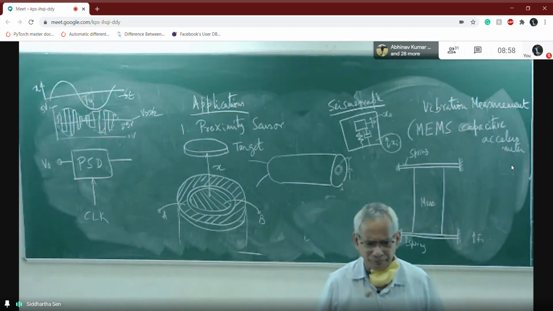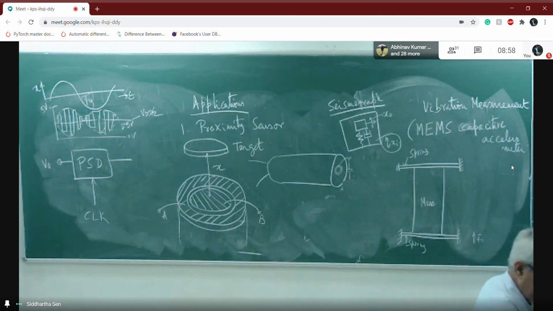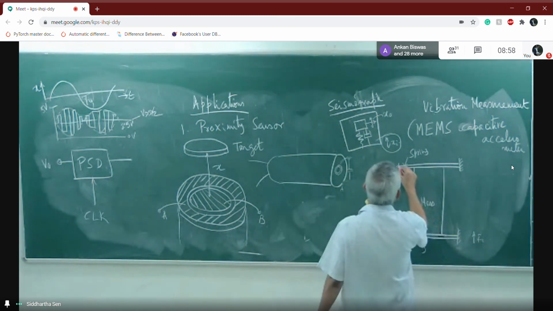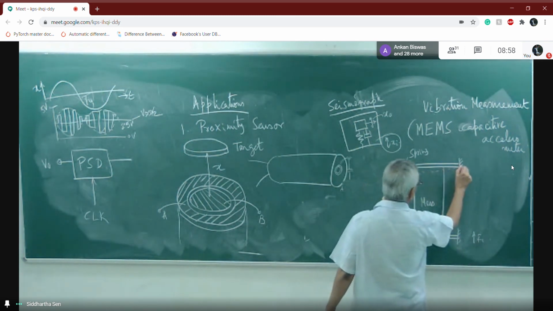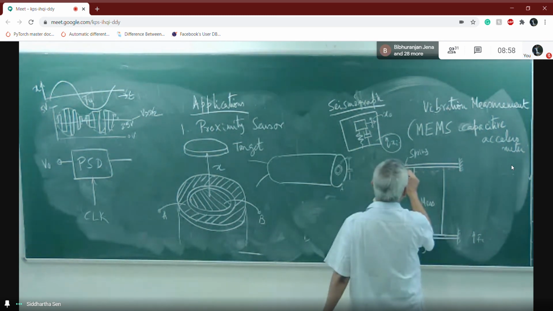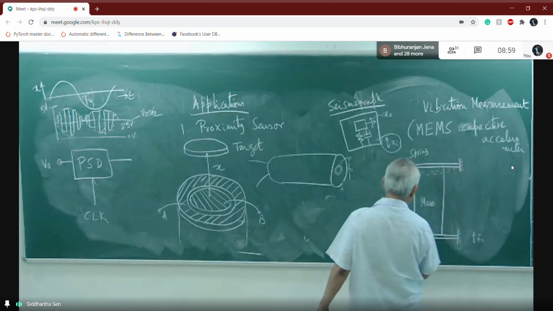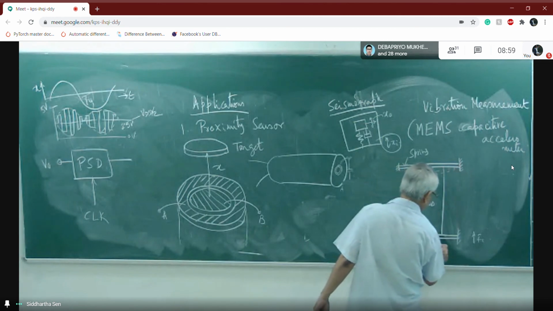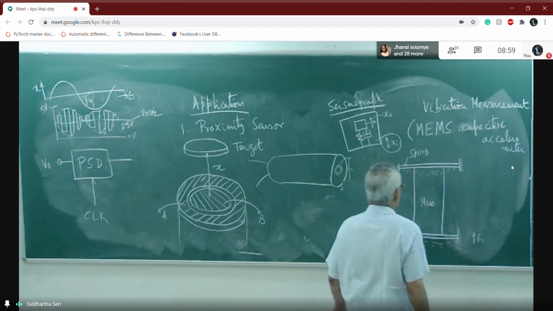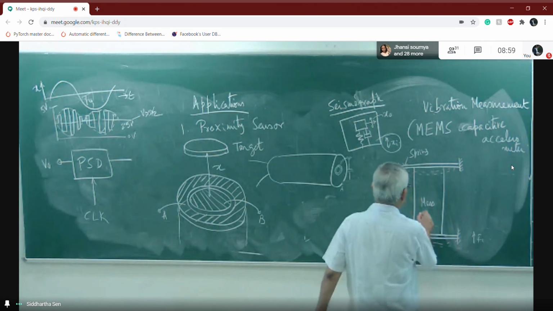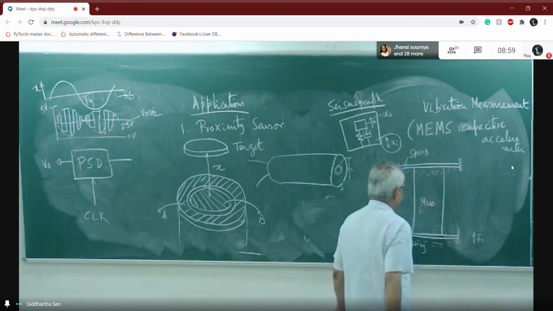Then what will happen to the mass movement? If the force is upward, the spring will try to bend downward, so the mass will come down like this.